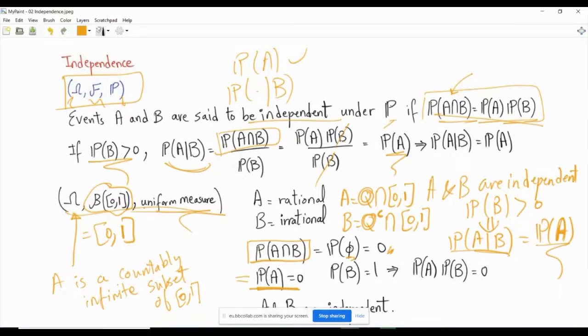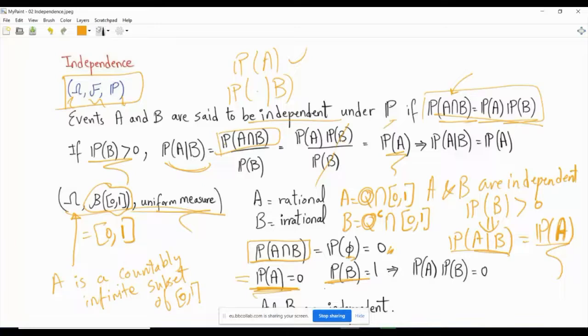And if the singletons are assigned the probability 0, then any set that is a finite or countably infinite union of the singletons, something like the rational numbers in [0, 1], will also have probability 0, because the probability of the union will be 0 plus 0 plus 0 and so on. So the probability of A is 0, which means that under the uniform measure, the probability of the rational numbers, Q intersection [0, 1], is exactly equal to 0.